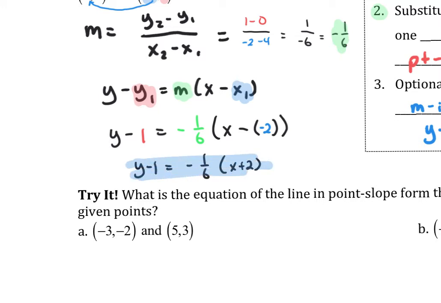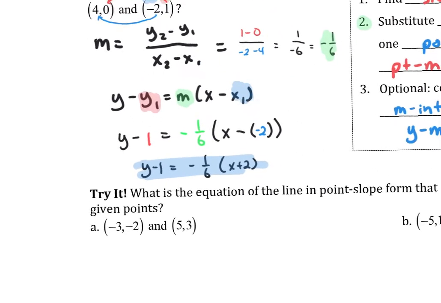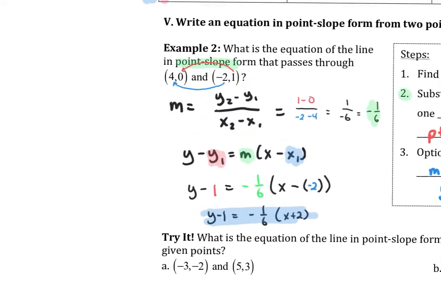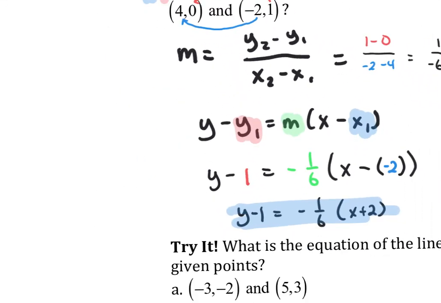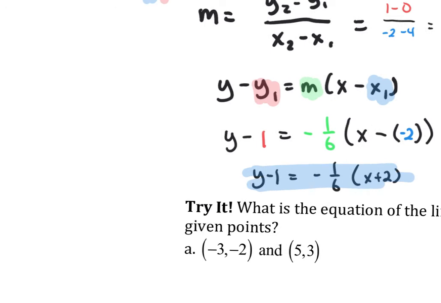Now, just to show you, some of you may have wanted to select the other point, the (4, 0), and what would that have yielded us. Let me show you over here. The 0 would go in for y, the negative 1/6 still in for the slope, and x minus the 4 right there.